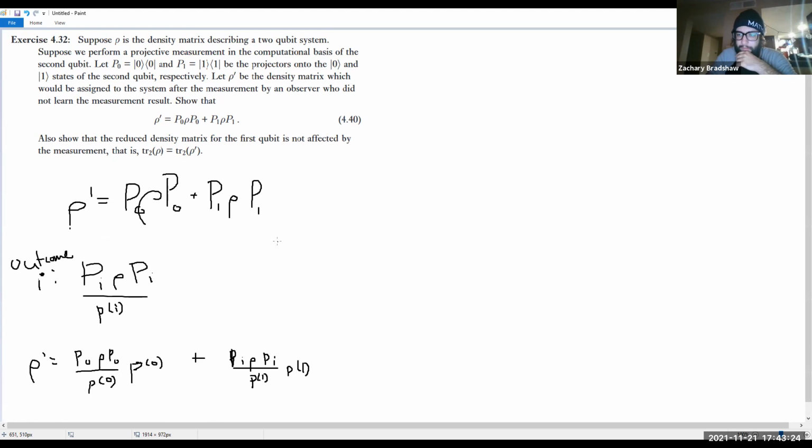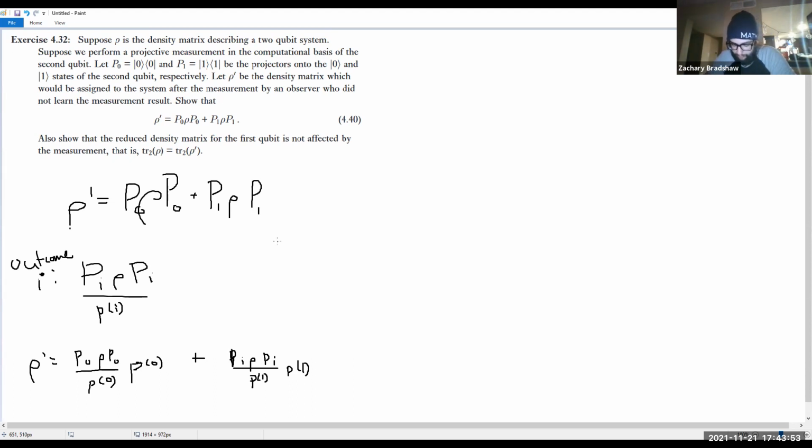And so what you have is a mixed state, and the state is P0 rho P0 over the probability of 0, that just normalizes it, times the probability of 0, and then P1 rho P1 over the probability of 1 times the probability of 1. That's just the definition of a mixed state. And then they cancel and you get rho prime.